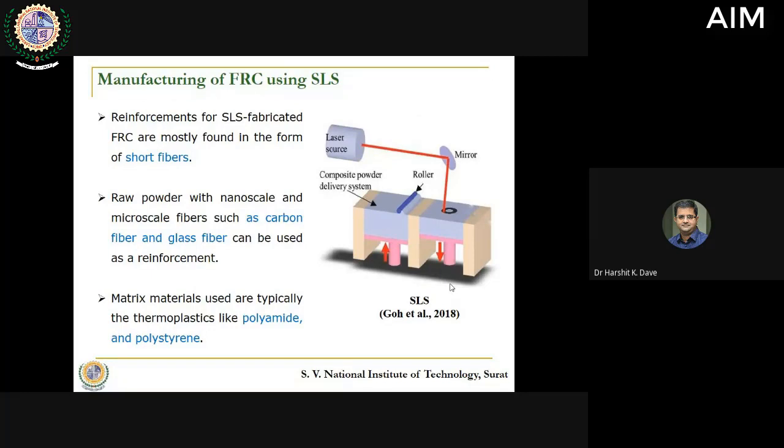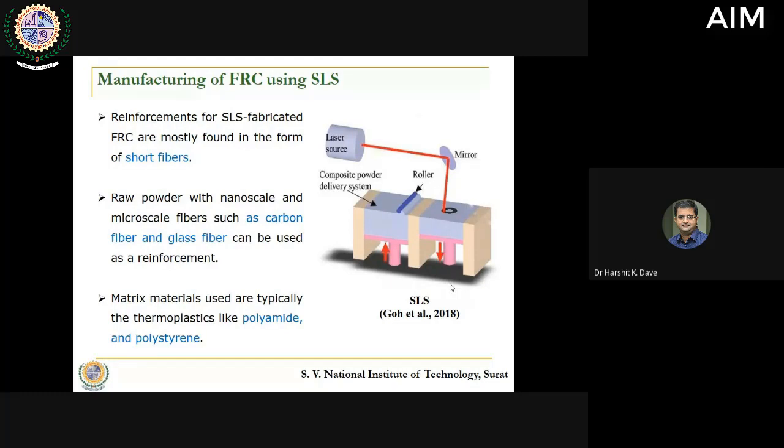So there is not much difference when you want to fabricate fiber-based composites with the help of the SLS process. The only thing is, here you cannot use continuous fibers, you do not use fiber mats, but the fiber that you utilize has to be very short, very tiny, in the form of some powder.